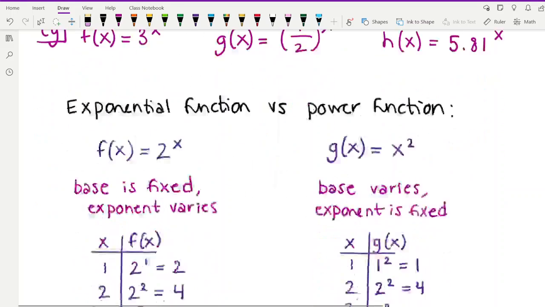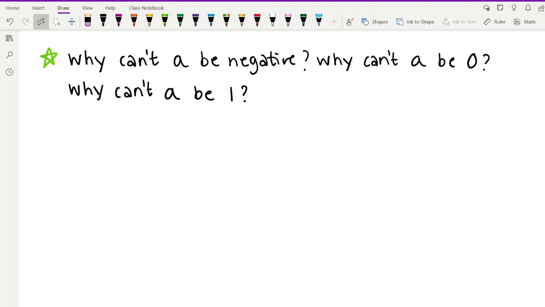So let's see what would happen if we made an exponential function with a negative base. Let's say we tried to make a function that was negative 4 to the x. What would happen if we tried to plug some numbers into this?